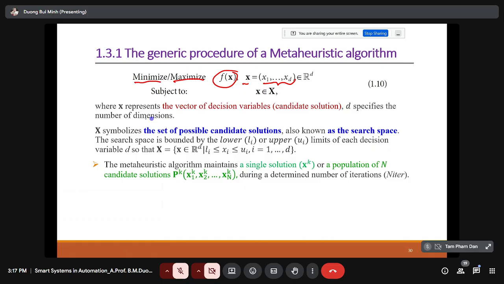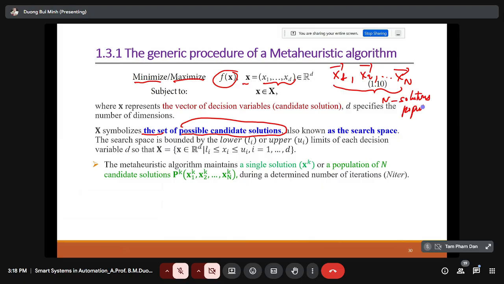Then we need to set the possible candidate solutions. So we have solution x1, solution x2, and so on up to solution xn. The combination of x1 to xn gives you n solutions.